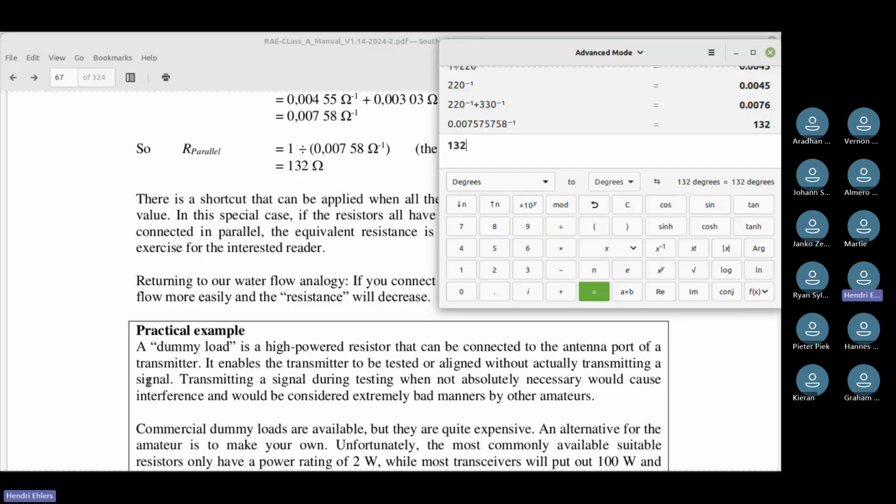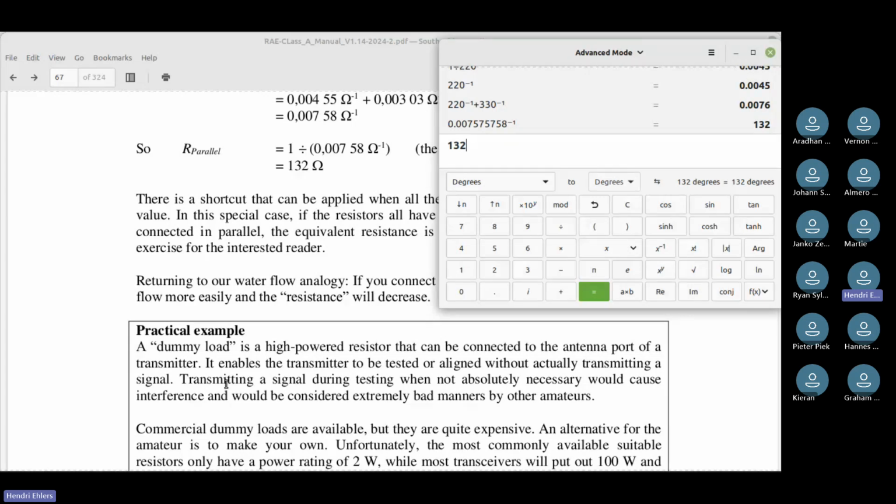So the signal gets transmitted into the dummy load and it can't go anywhere else. The radio thinks that everything is okay. There's a nice antenna on, SWR, all is good, and you can adjust your radio to its optimal performance.